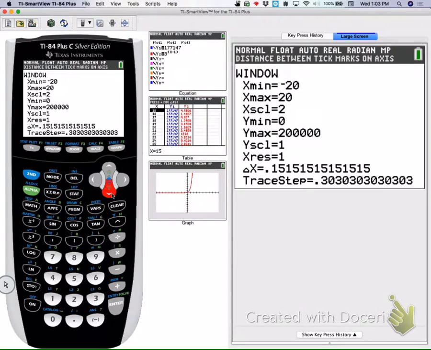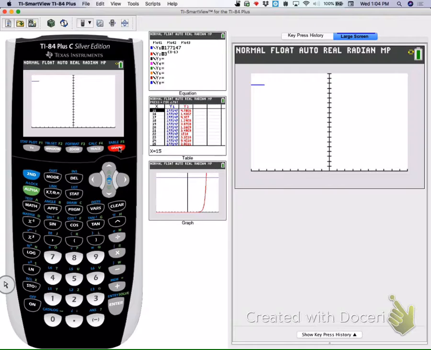Now, I don't want to go by ones because that would be 200,000 ticks. If I did 100,000, that would only be 2 ticks. Let's do 10,000. And let's see what that looks like. Okay, so there's my 177,147. And then here comes my red graph, and then it touches it.